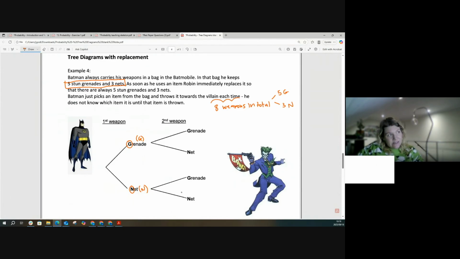Using this that we've just written up here, what would be the probability that he pulls out a grenade if I have 8 weapons in total, 5 grenades and 3 nets? What's the probability that he's going to pull out a grenade?